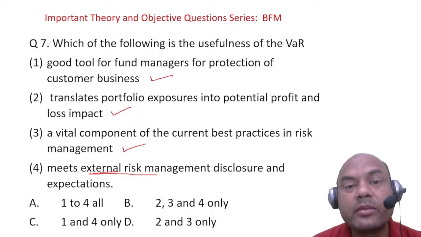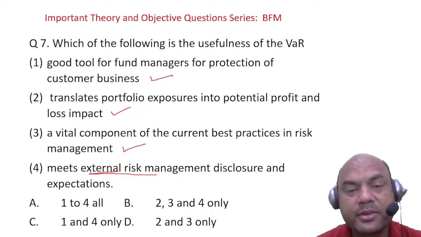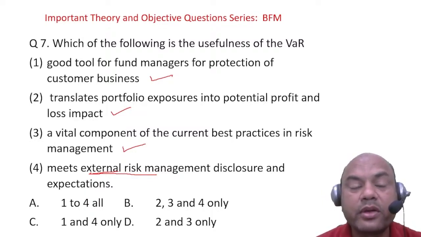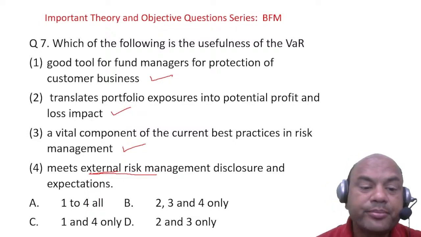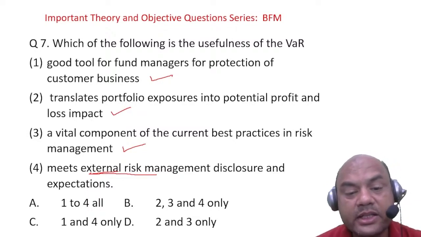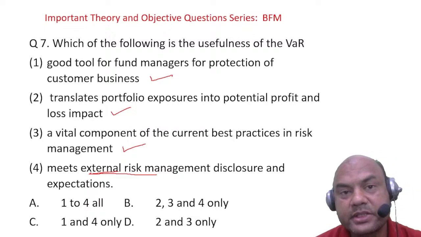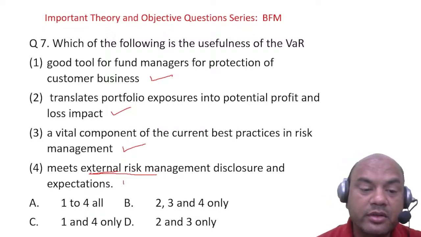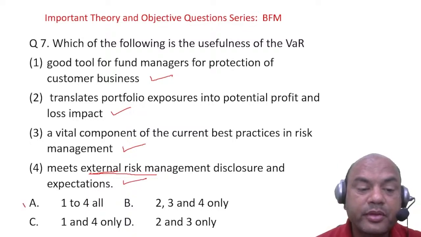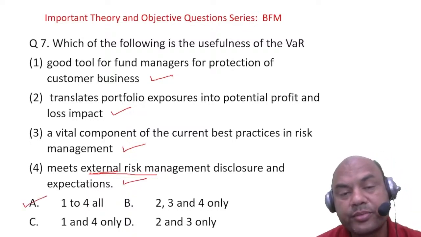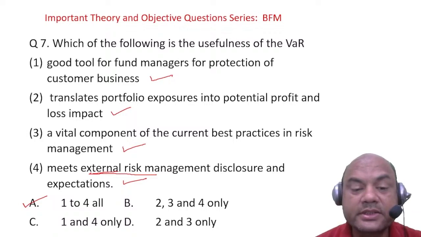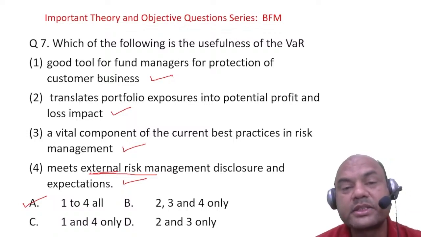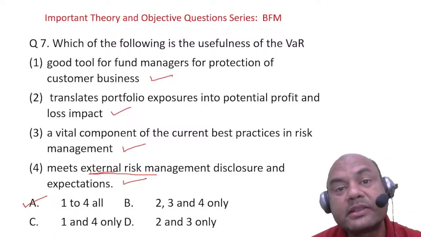It is basically the settlement risk, a part of your settlement risk. So it meets the external risk management disclosure and expectations, which are required by the Basel norms now. So the answer is all 1 to 4. Correct? Remember, this external risk management disclosure is an important part of Basel 3 now.